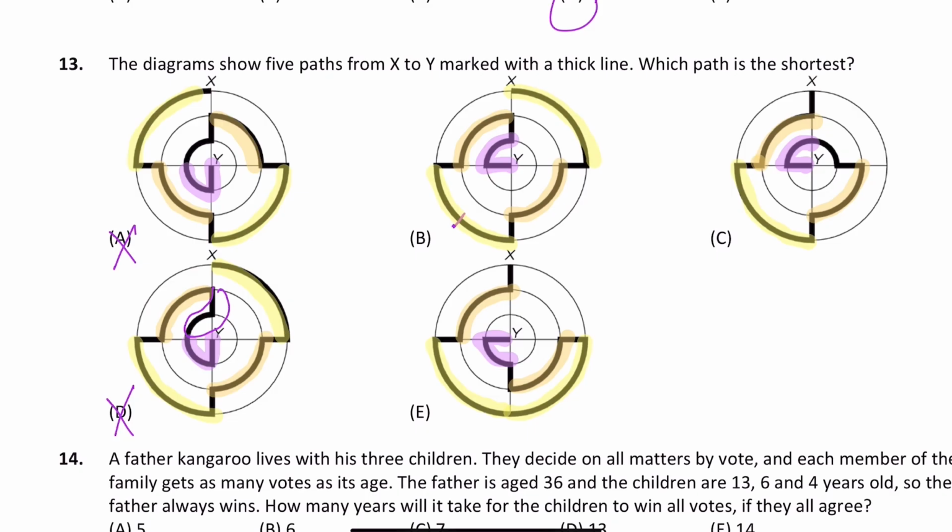Let's look at the straight lines that we have. 1, 2, 3, 4. 1, 2, 3. So this is still bigger, right? And 4, right? Same distance for these two. And then we have 1, 2, 3, and 4.